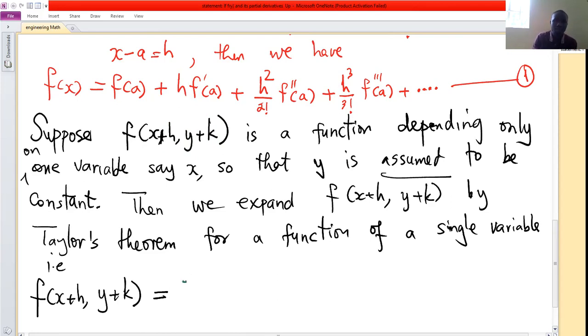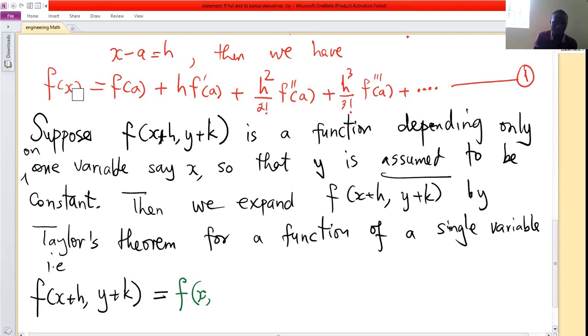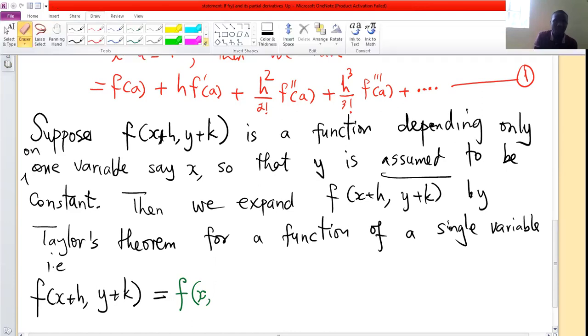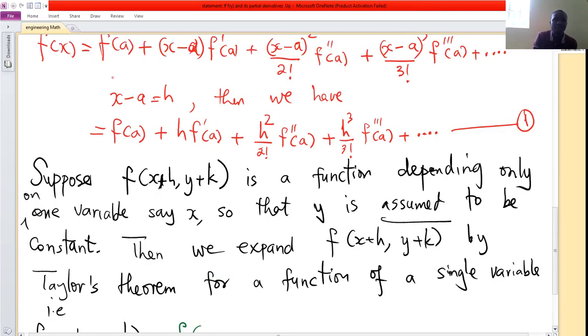So the first term will be f at x, comma y plus k. Remember from what we said here, you can write this as well: x minus a is h, which means that where there's x here, we can write it as x equals a plus h.